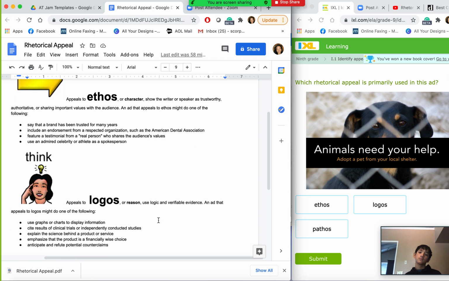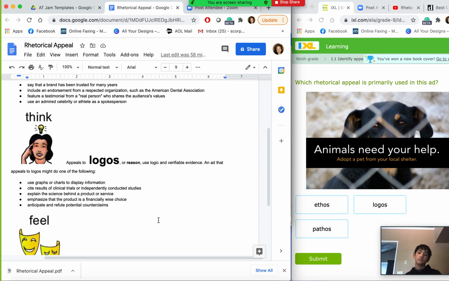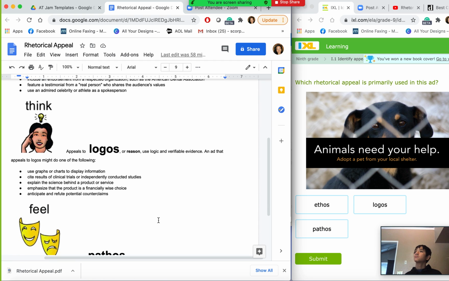All right, so we're going to be using that for logos. And logos is from the Greek, as ethos is, for logic, right? The root word is there, logic, reason, that sort of thing. So when you're thinking, we're using our head, right? Think.